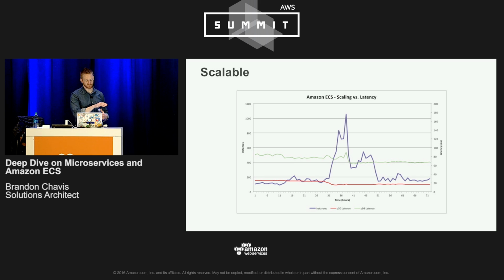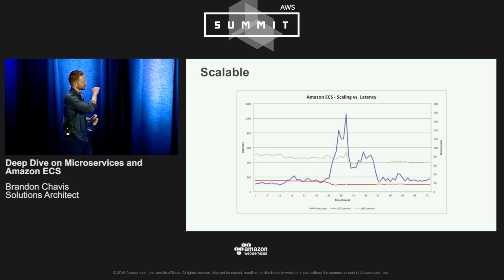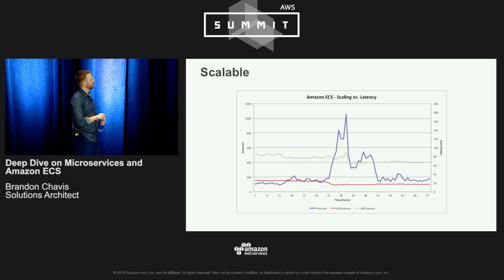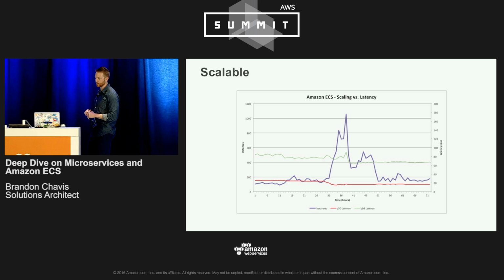What this shows is that we can provide really detailed state tracking, even if your cluster is very large or dynamically changing. The red and green lines show P99 and P50 latencies, and the purple line is instances. What's important to note is that it's relatively stable and predictable, and no matter what size your cluster is, you should be able to expect ECS to respond in basically the same way, which is very important.